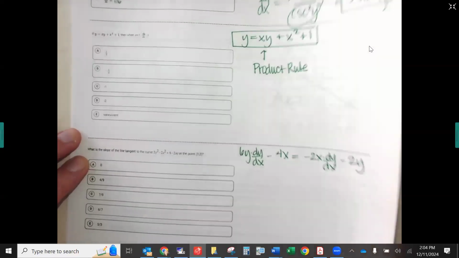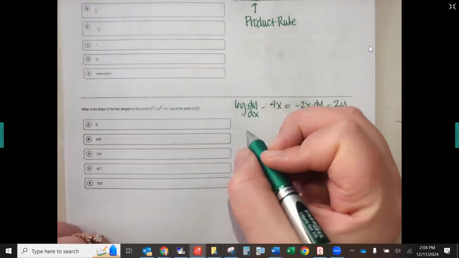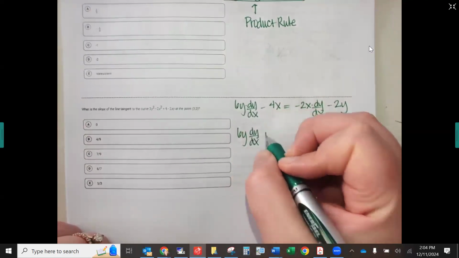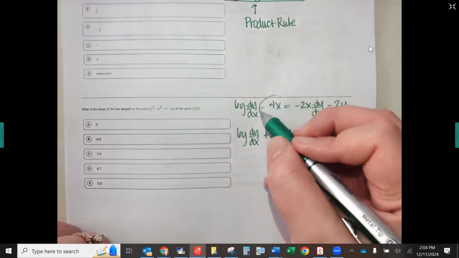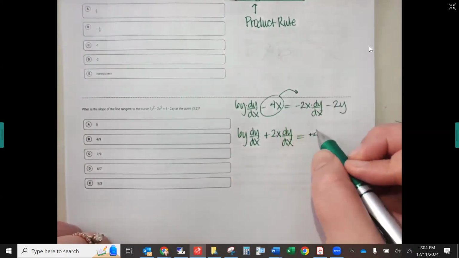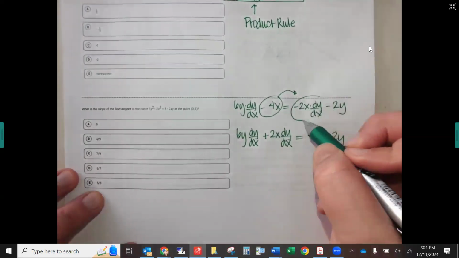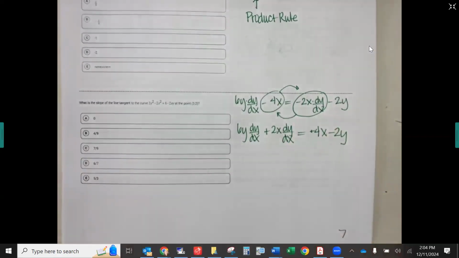Matthew, is this what y'all had for your first one? 6y dy dx minus 4x equals. Okay, good. So then you're bringing that across this way, that across that way. Page 7. And then what would you do next?